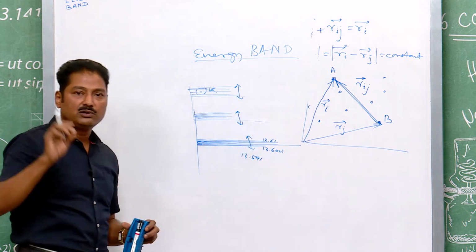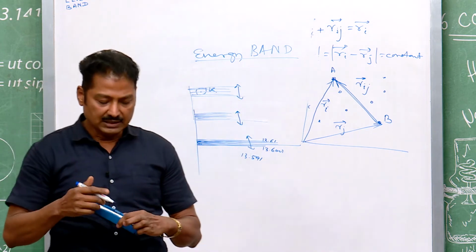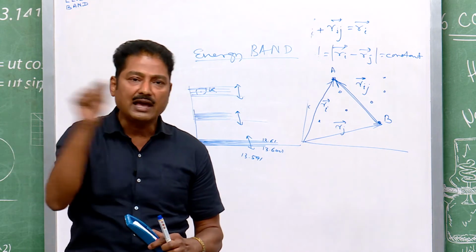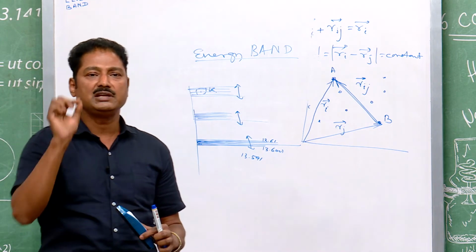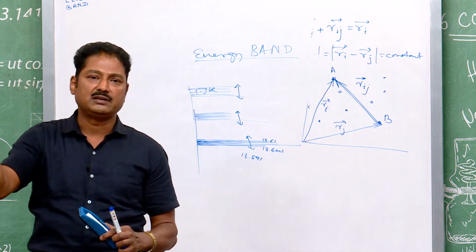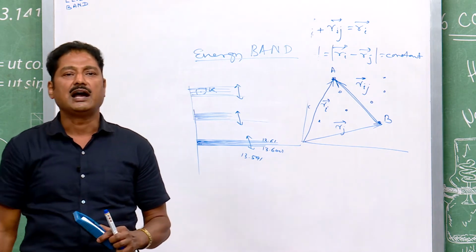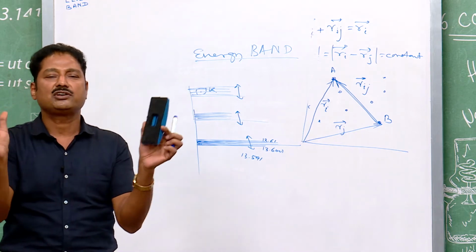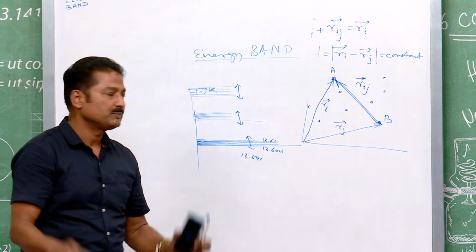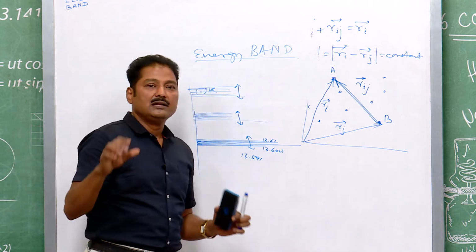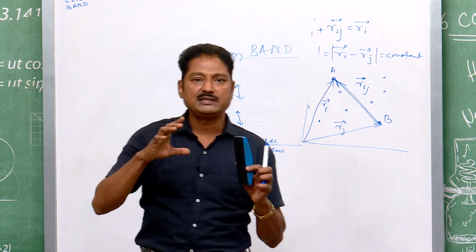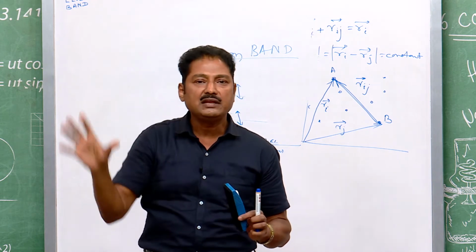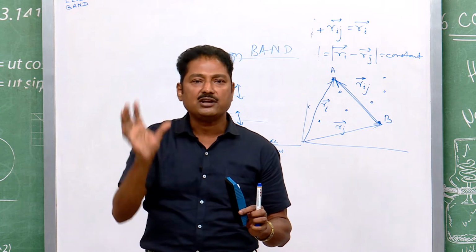So, let me conclude between energy level and band. In energy level, you get one line only. The line represents the energy of the electron in an orbit, but that is for an isolated atom or single atom, not surrounded by any surrounding atoms or any surrounding charge. But in case of band, if the electron is present in the solid, then it is surrounded by many electrons or many atoms, many ions.